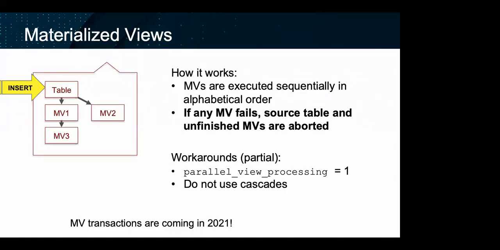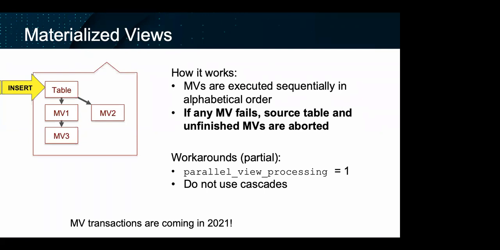We will get to replication a bit later, but before then, let's consider a couple of other complications. One complication is materialized views. If you write to the table and you have several materialized views, then under the hood, materialized views are executed sequentially in alphabetical order.